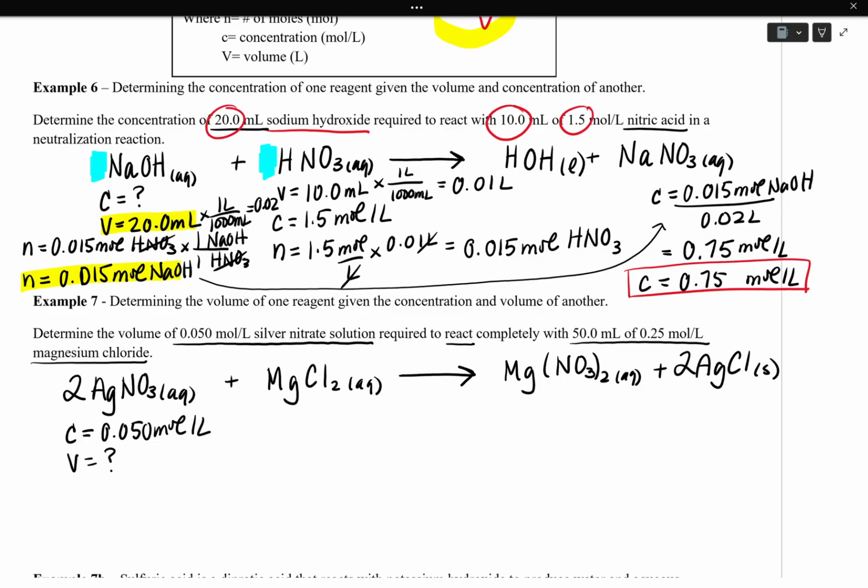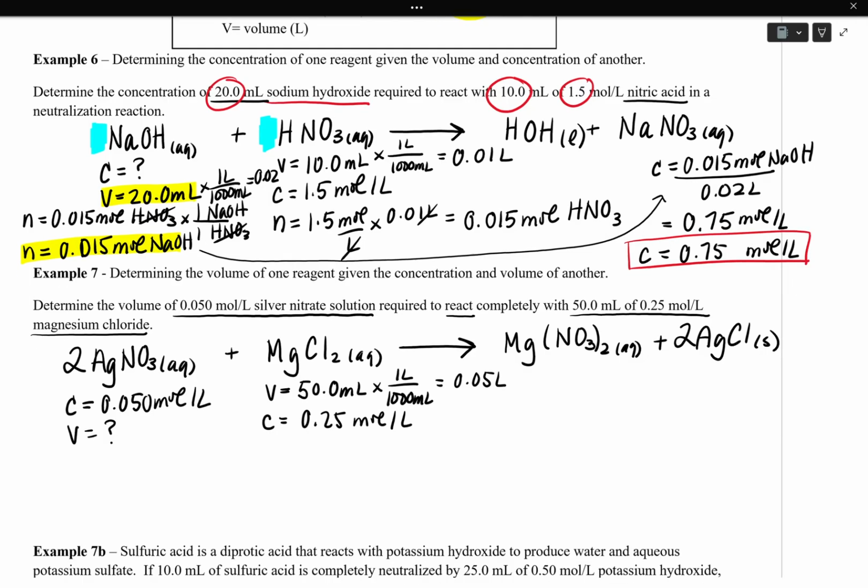And they're telling us that we're going to react with a volume of magnesium chloride, that we have 50 mL. And if you want, we can convert that right away. 1 liter over 1,000 mL, 0.05 liters. And the concentration of this is 0.25 moles per liter.